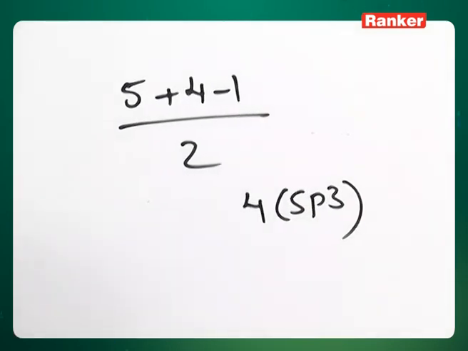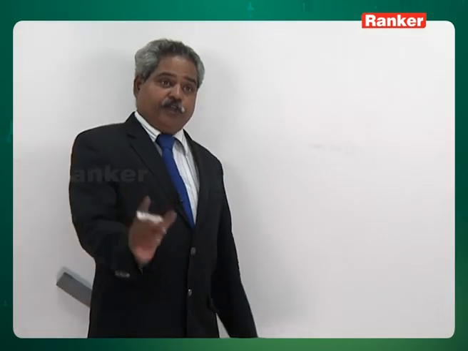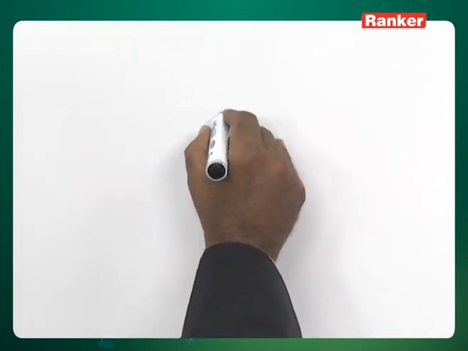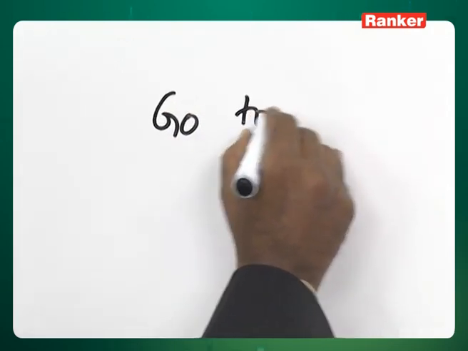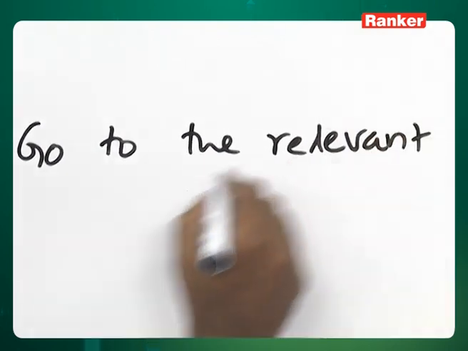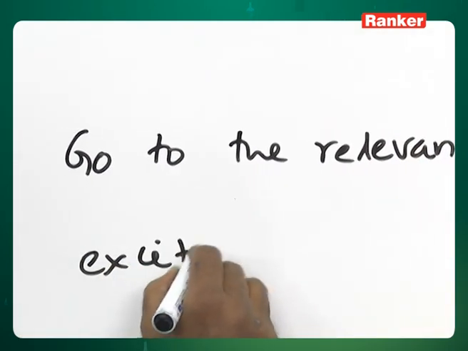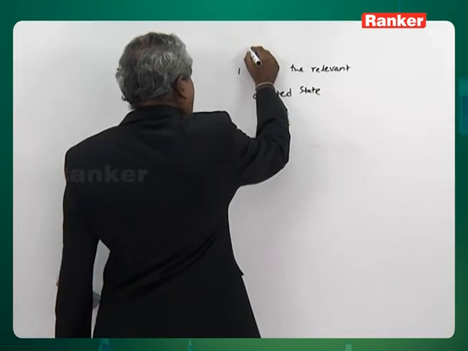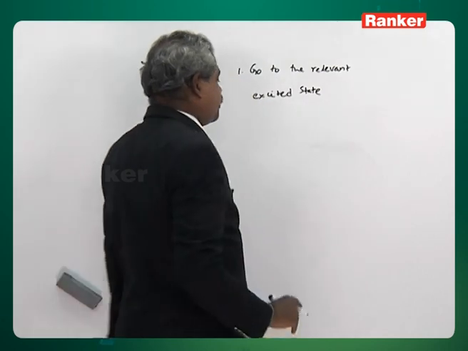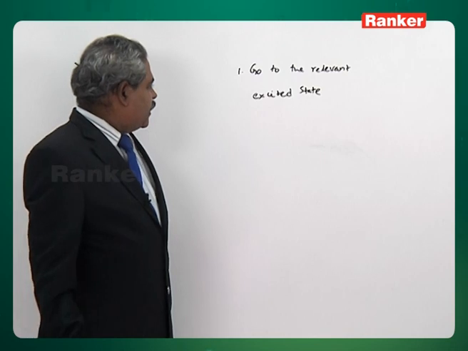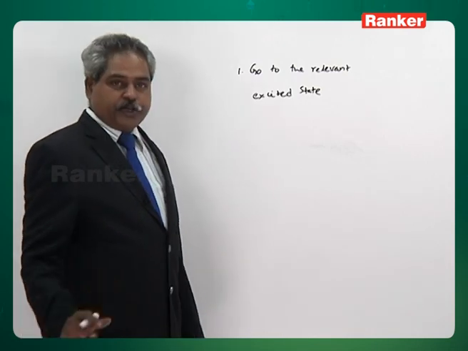That's about hybridization. Now, hybridization without a formula. How to find hybridization without a formula? The logical method: go to the relevant excited state.